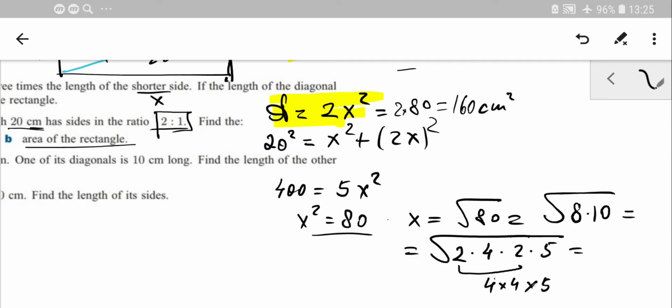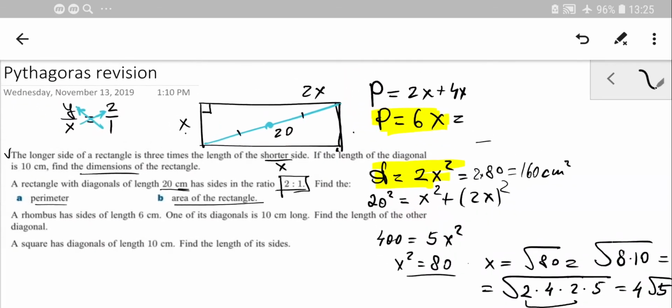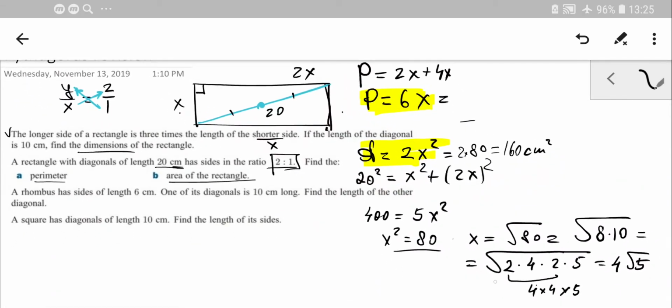And actually what we'll have is just 4 square root of 5 if we simplify the surd. So instead of x, we'll have 4 square root of 5. That's our x. And just plug back into the perimeter, we'll get 24 square root of 5. Okay, that's the final result for problem 2. Or you can simply figure out the square root and give the answer in decimals if you like.